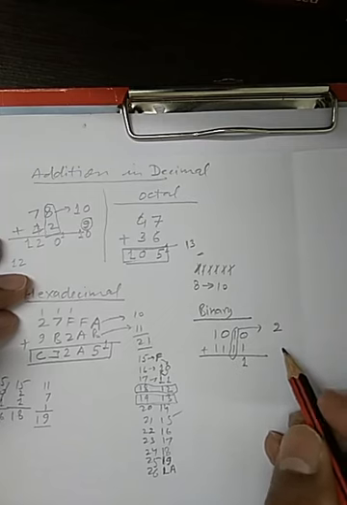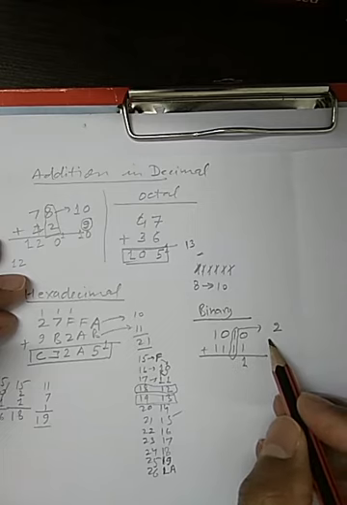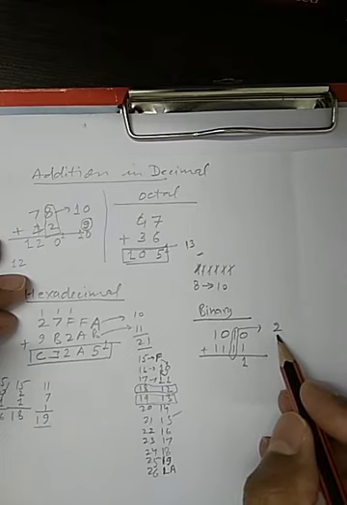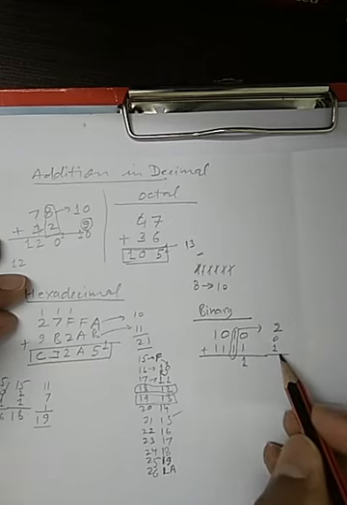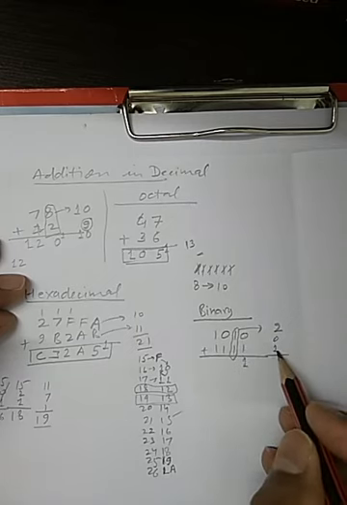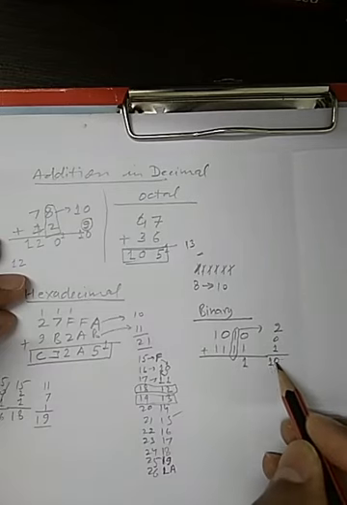How to write 2? What is the maximum symbol in a binary number system? It is 1. After 0, 1, one carry will be there. It becomes 1, 0.